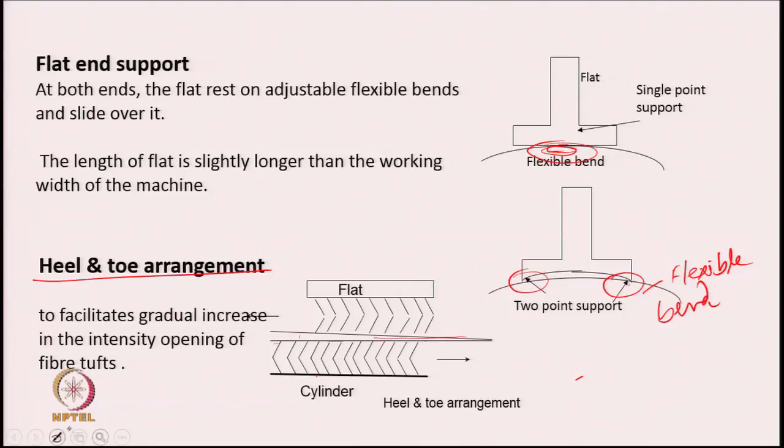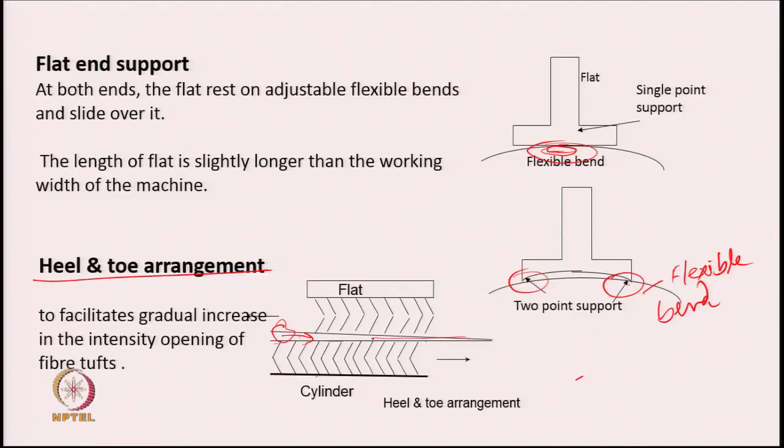The idea is that it will facilitate a gradual increase in the intensity of the opening actions of the tufts. So, as soon as the tuft, which is here, let us say, enters this space, initially there is a large gap between the two wire points, it will enter this gap and gradually it will be opened out. If the gap remains constant throughout, then there is a sudden impact on the tuft and the fibers may break.